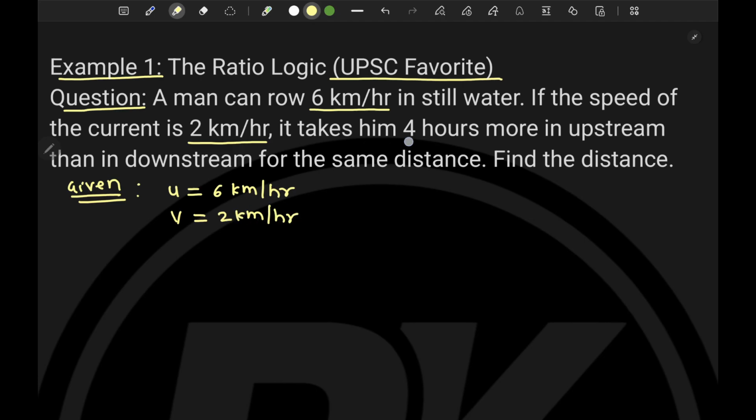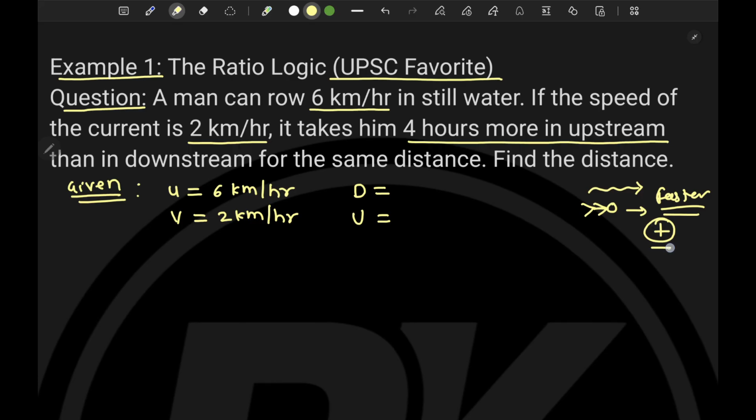It takes him 4 hours more in upstream than the downstream. Okay, so downstream and upstream. Now in downstream, the man and the stream are in the same direction, and hence they will move faster, right? And hence there will be a summation.